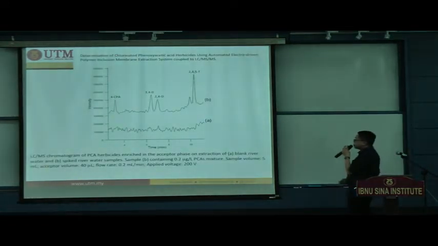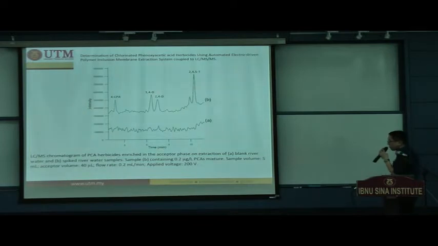And this is the summarized chromatograms for the mass spec, showing that the PCA herbicide was enriched in the acceptor phase on extraction of blank river water samples. So there is no PCA herbicide detected after extractions.